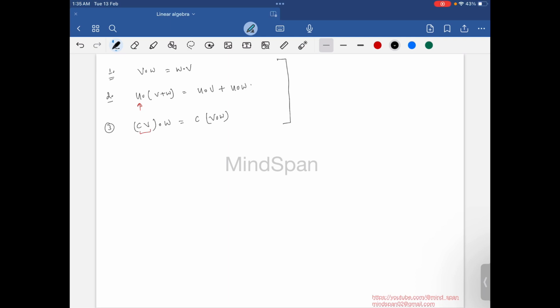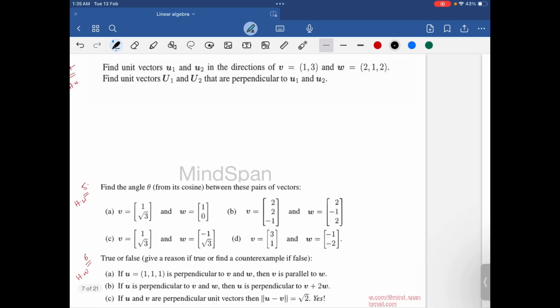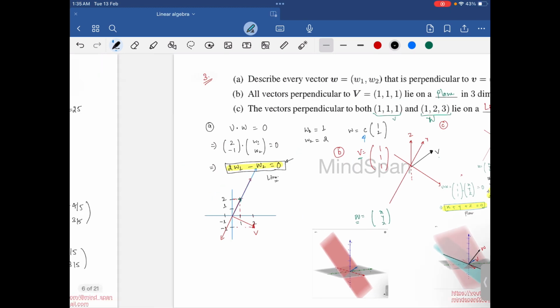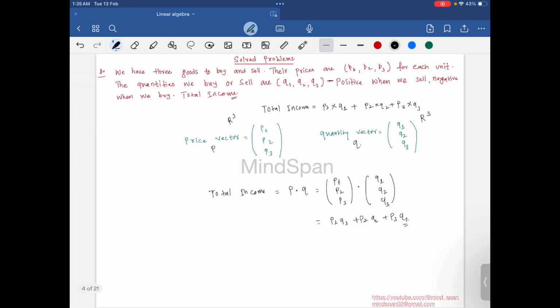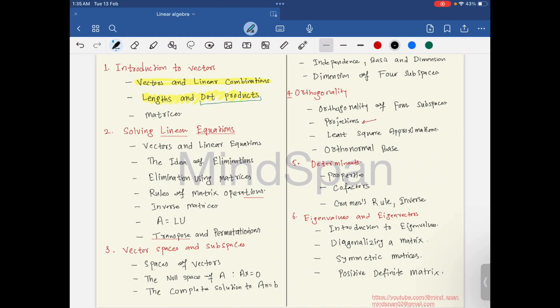Okay, I think these are the few main points that I wanted to bring through this dot product and this length and this unit vector.